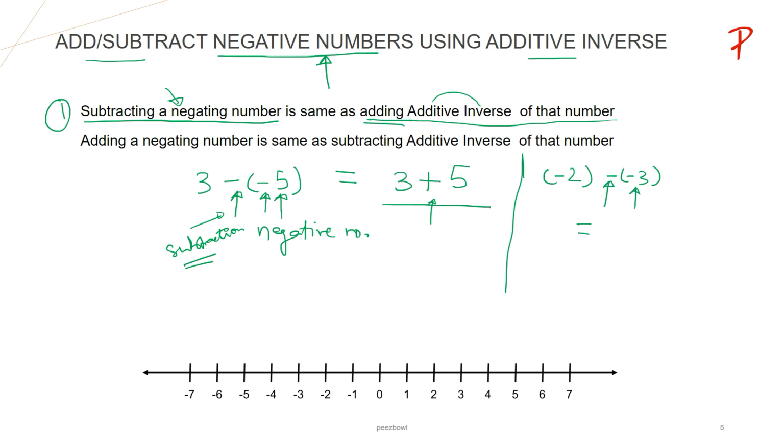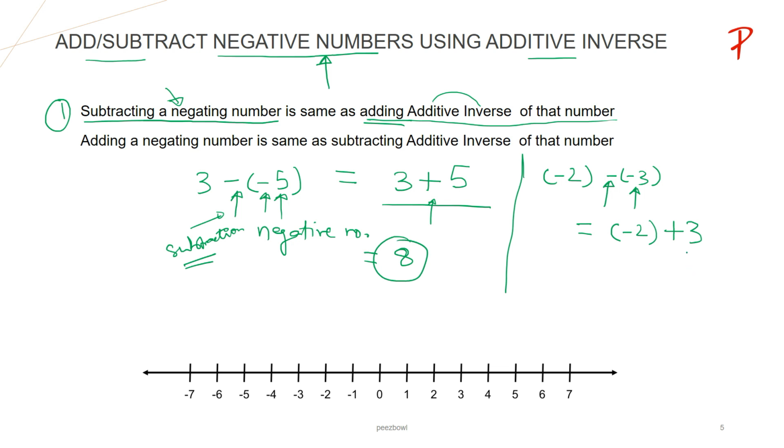This is going to be same as, I will leave minus 2 as it is, and it is same as adding additive inverse of this number of minus 3. Minus 2 minus minus 3 is same as minus 2 plus 3, right? So 3 plus 5 is nothing but 8.